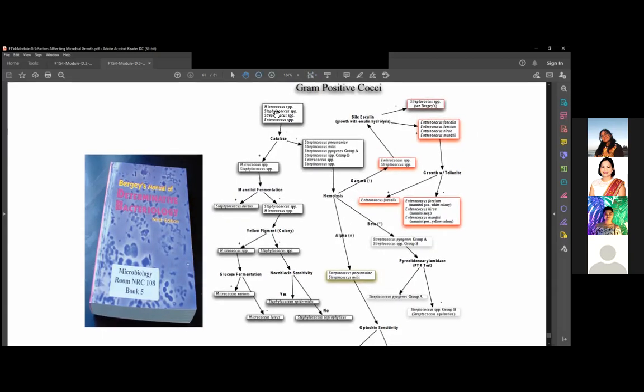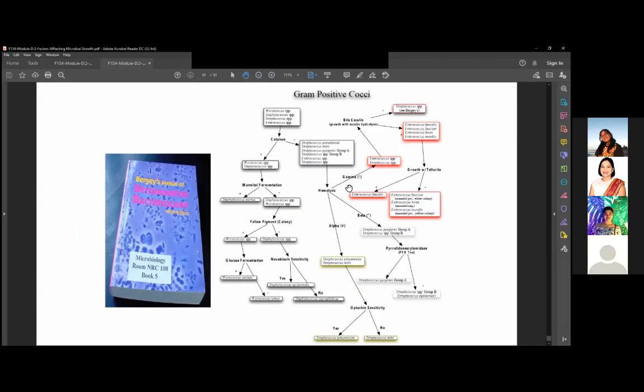So that's how you identify the unknown. You will be doing several biochemical tests to be able to presumptively identify your microorganism.